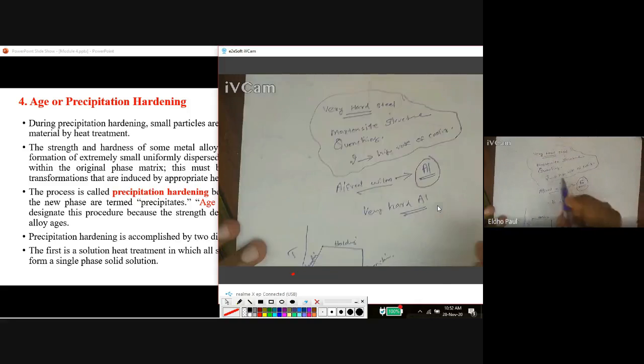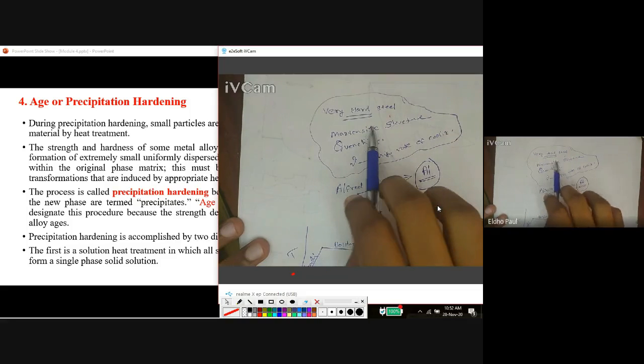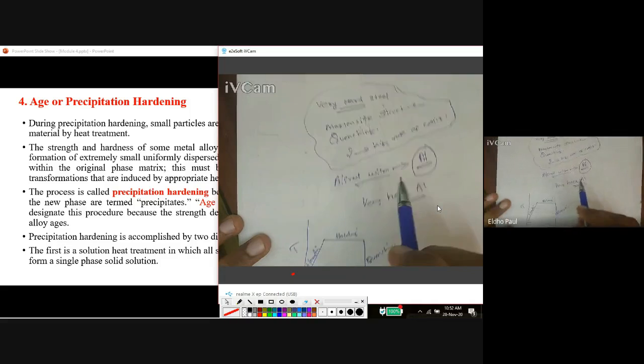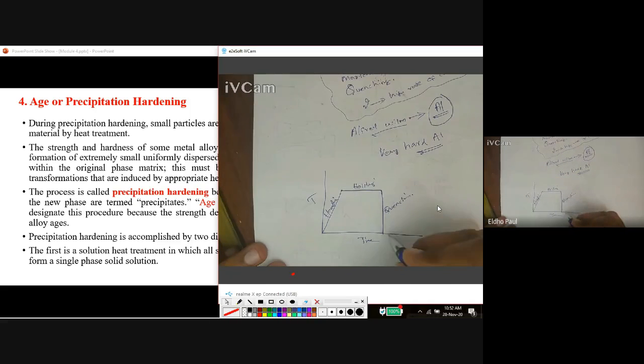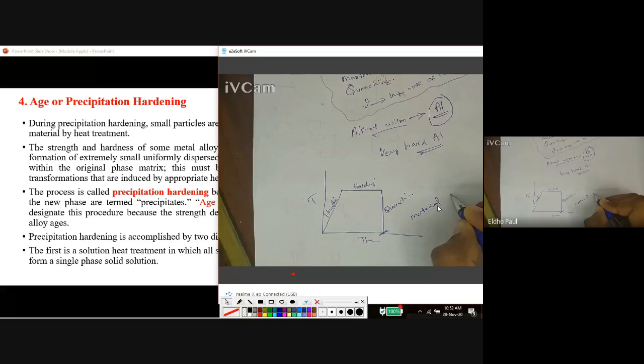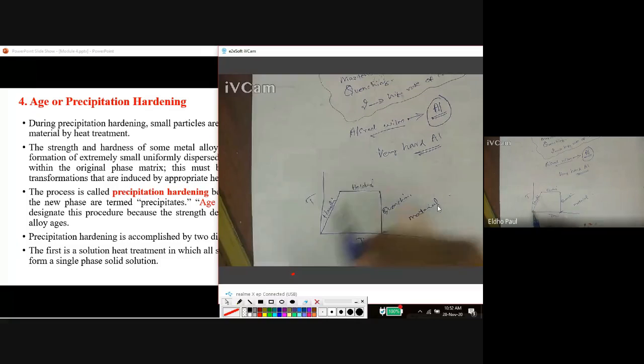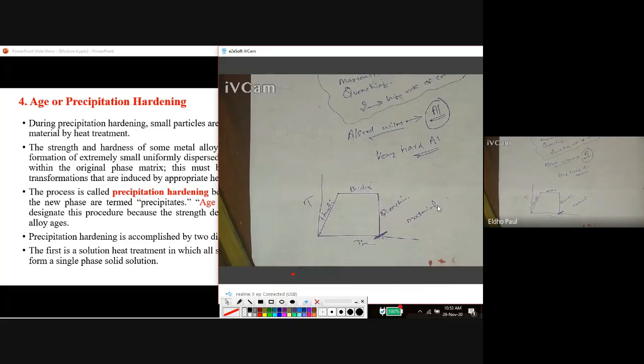Of course, for steel, after quenching we got martensite, which is very hard. But unfortunately, after quenching aluminum, he got a microstructure which is softer than that of the original material.